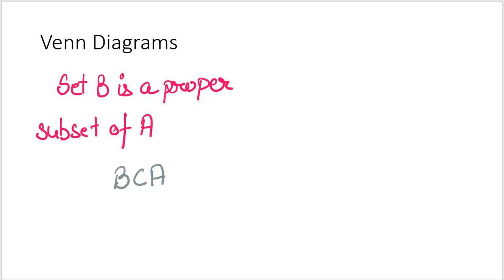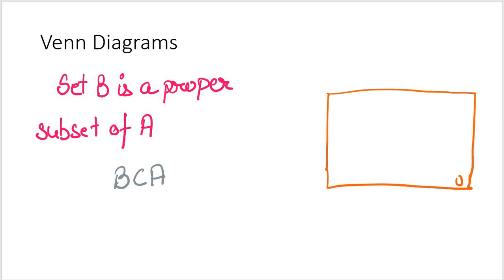So for this particular set operation, where B is a proper subset, what we are going to see is that this is our universal set and this is my A, and since B is a proper subset, that means B will have all the values which are there in A. So B will be somewhere here inside A, having those common values.